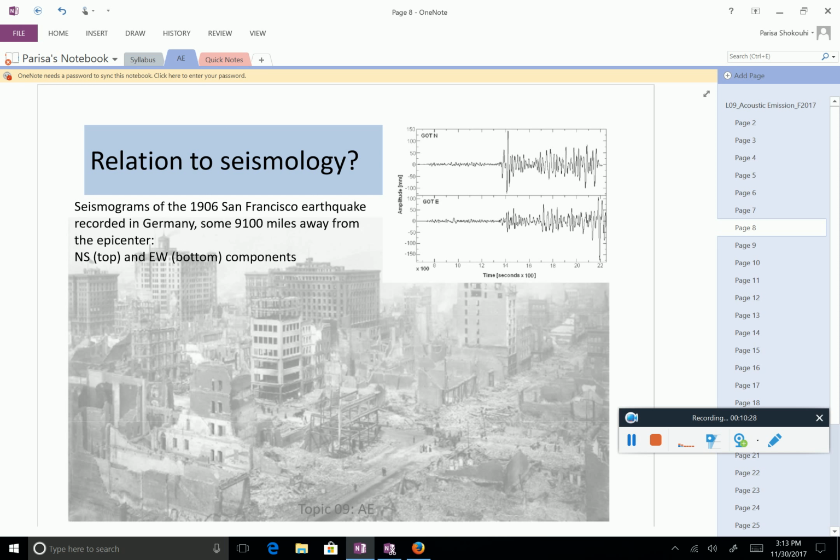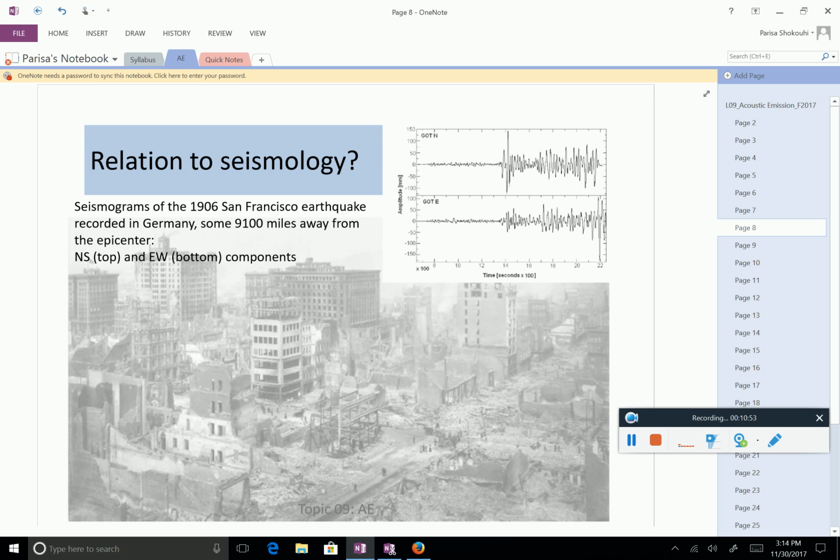The source here is the earthquake, and they're passively monitoring, like you say, far away in Germany. Exactly. So this is the earthquake in San Francisco. It's a picture, and the signals that you see are what has been recorded many miles further in Germany.